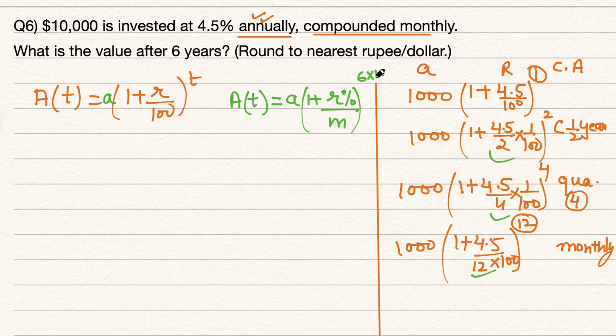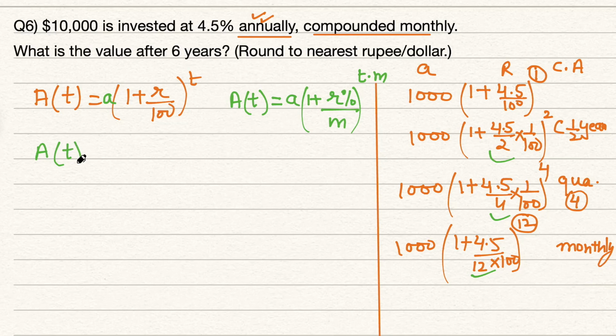Now I have to convert it into months, so that will be 12 months. Okay, I am writing the formula. So it is t times m. So if it is compounded annually, monthly, quarterly, or half yearly, see the question carefully. If these both should be same, then this m is not required. But here rate of interest is annual and compounded monthly, so I am going to use this formula.